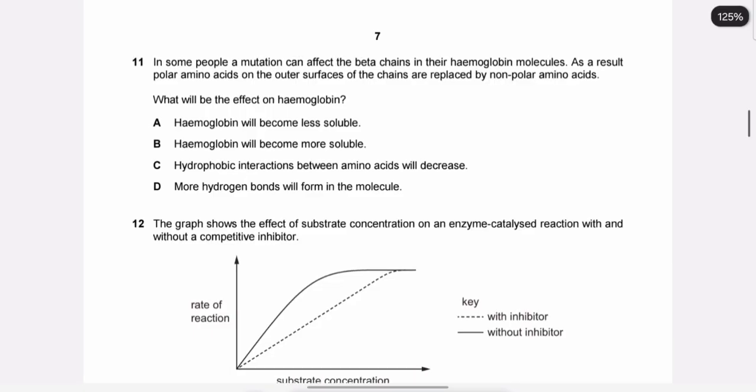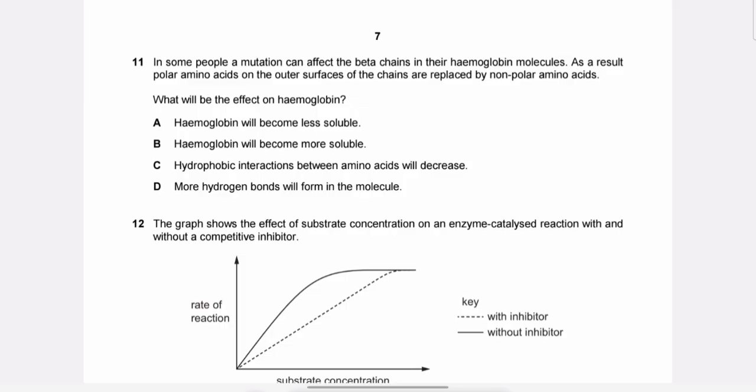And for number 11, it says in some people a mutation can affect the beta chains in the hemoglobin molecules. As a result, polar amino acids on the outer surfaces of the chains are replaced by non-polar amino acids.